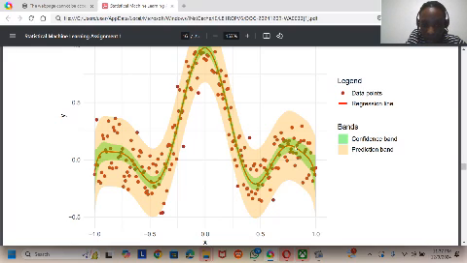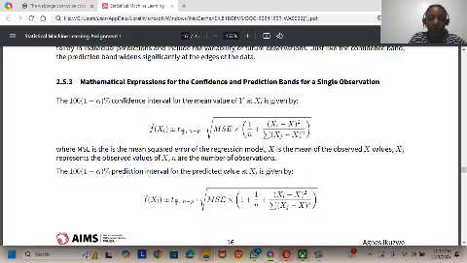The green ribbon indicates the 95% confidence interval for the regression line, which is narrow near the center of the range of the x values and wider toward the edges, and the orange ribbon shows the 95% prediction interval for a new observation, which is wider than the confidence interval as it accounts for uncertainty in individual predictions and includes the variability.